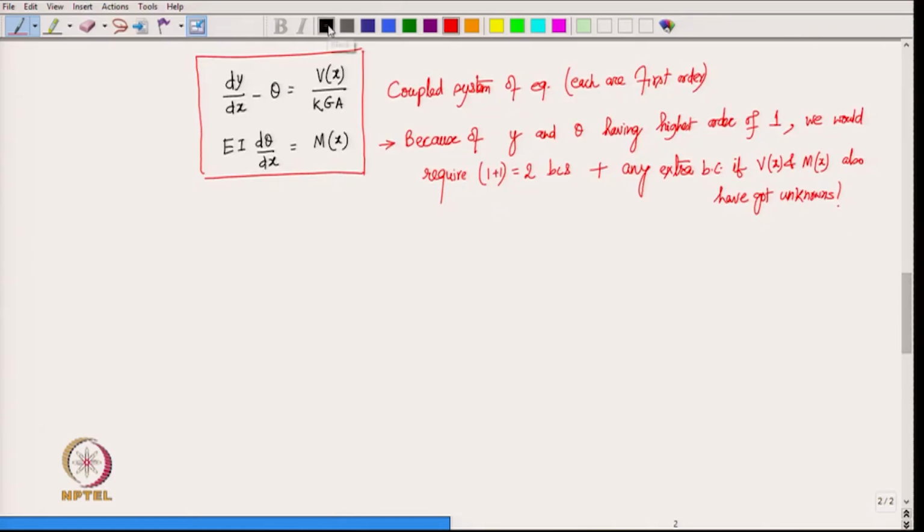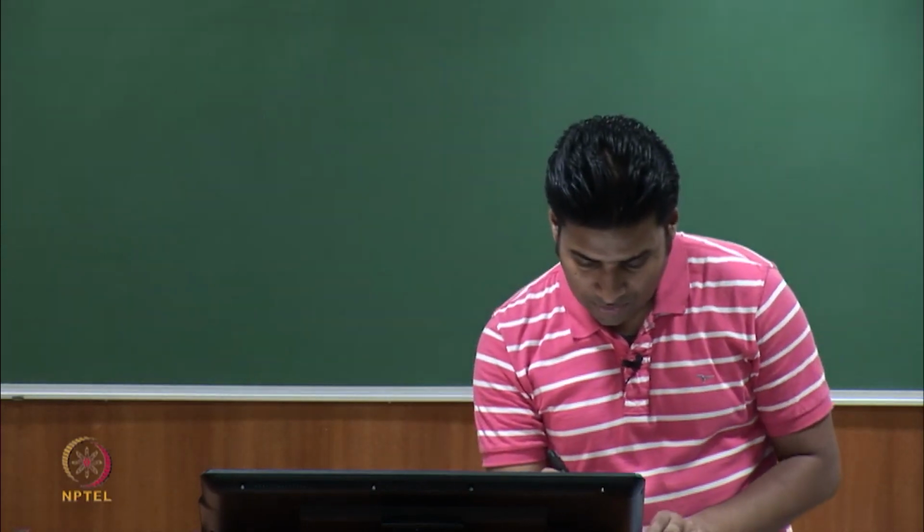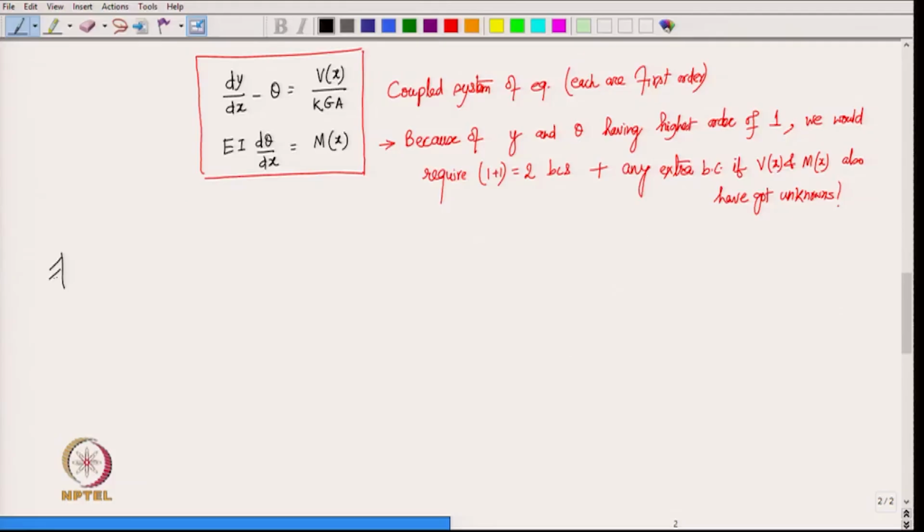Now, let us try to solve the simplest problem using Timoshenko beam theory. So, you can recall that we had solved this problem where the beam was clamped at one end and we were applying a transverse load P at the other end. So, we solved this using Euler-Bernoulli theory. This is called a cantilever problem.